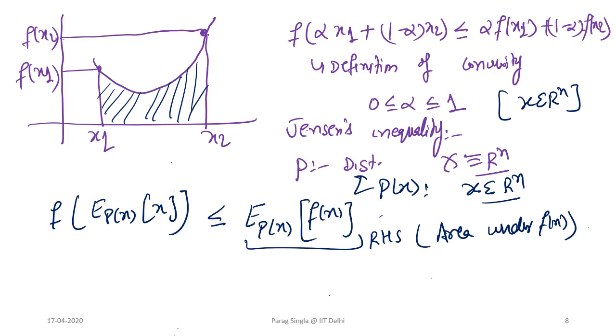Under the uniform distribution, you can show that this is nothing but the area under this green curve, which is the midpoint of x1 plus x2 by 2. So f evaluated at the expected value of x, the middle point between x1 and x2, is nothing but the area under this green line, which is clearly less than the area under the curve.